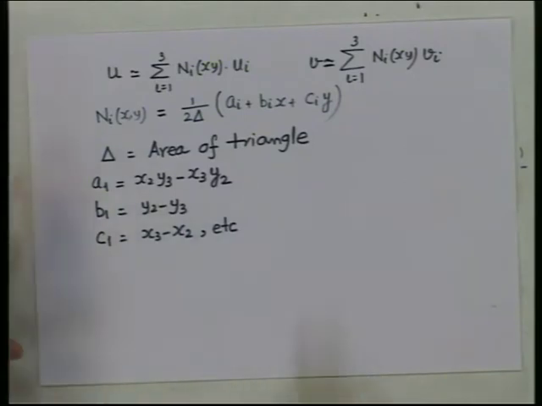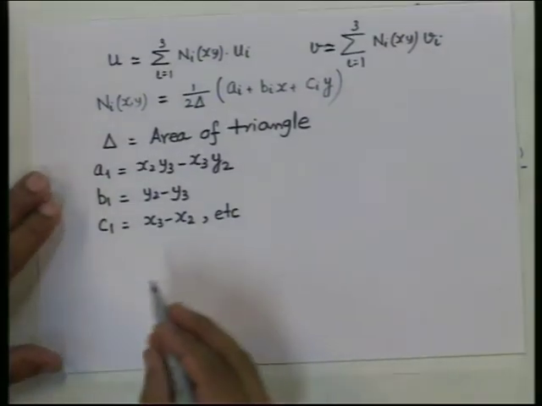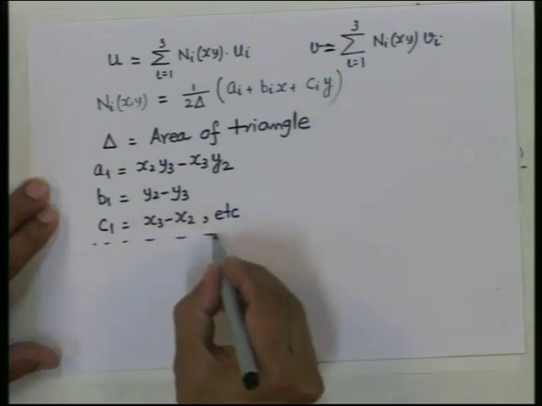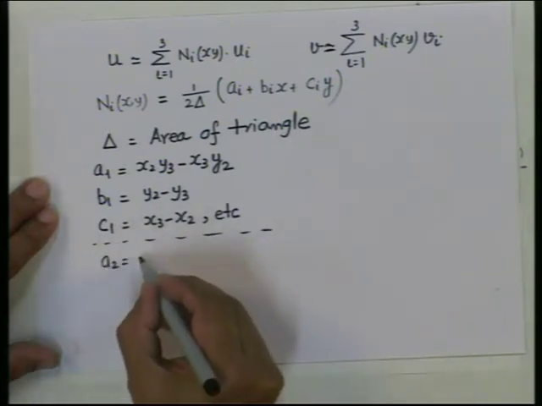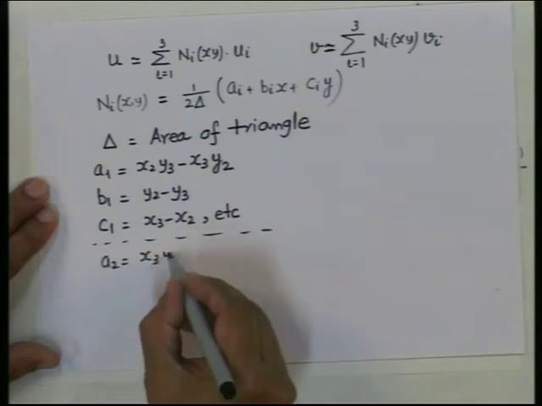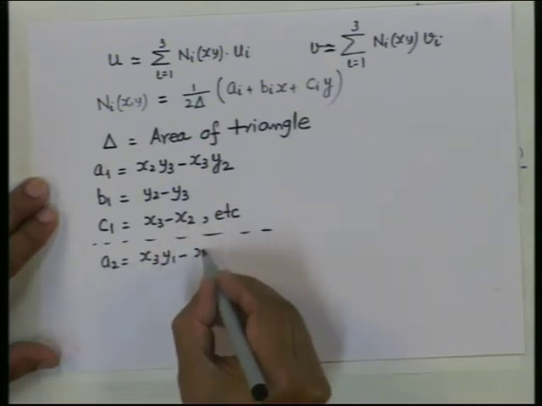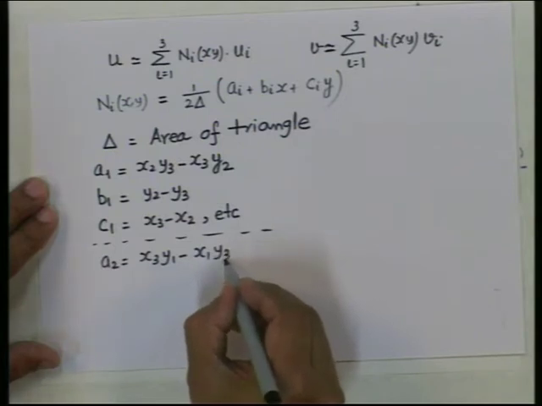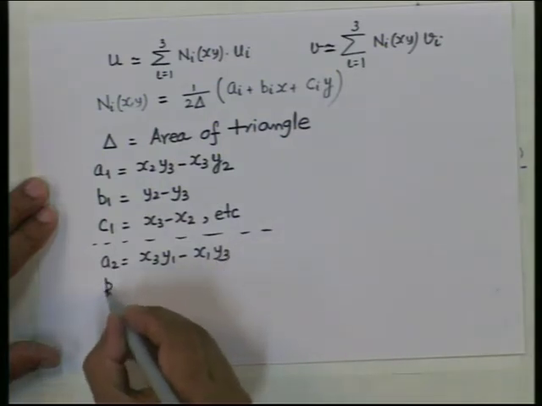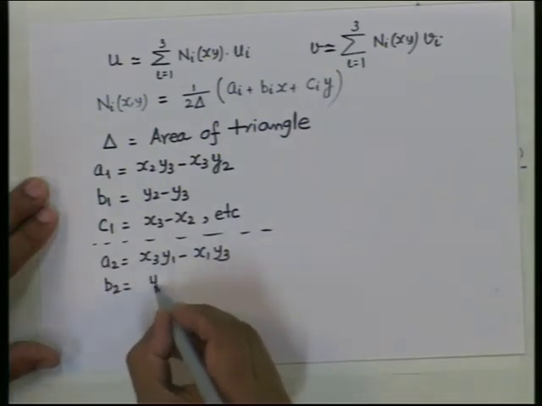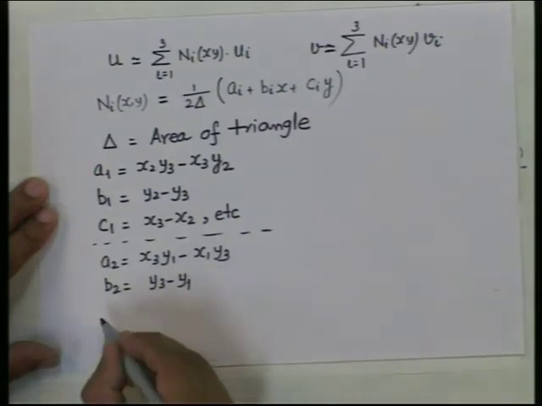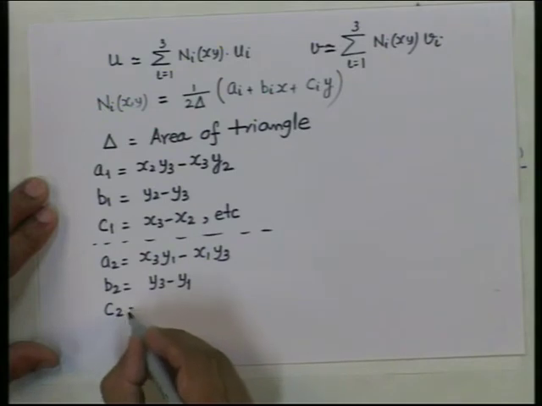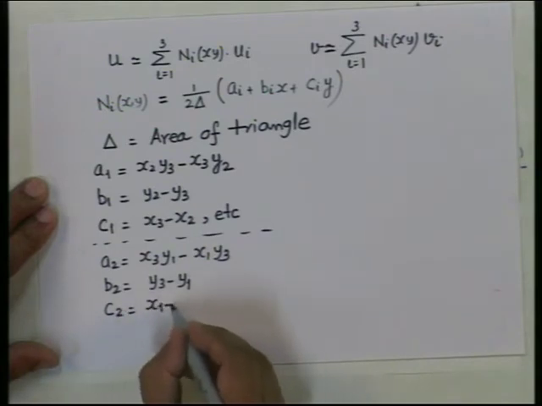We can get A2 equal to x3 y1 minus x1 y3, B2 is y3 minus y1, C2 is x1 minus x3. If there is any mistake in the cyclic rule, please tell me.